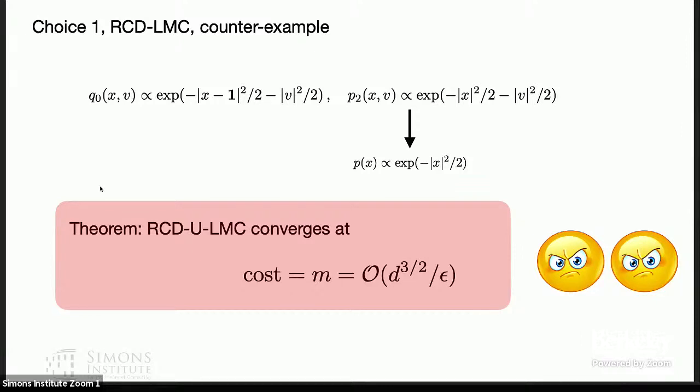If you move from one Gaussian to a different Gaussian, the simplest sampling problem that you can imagine, and you follow step by step using the random coordinate descent version of underdamped, the cost is this much. And this is exactly the same cost as the classical underdamped Langevin Monte Carlo. So there's no way that you can win.